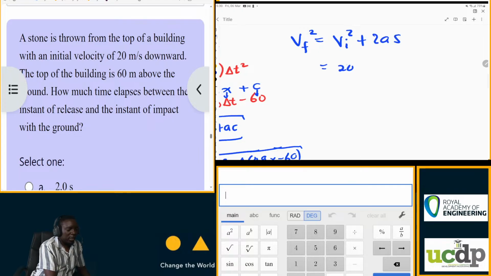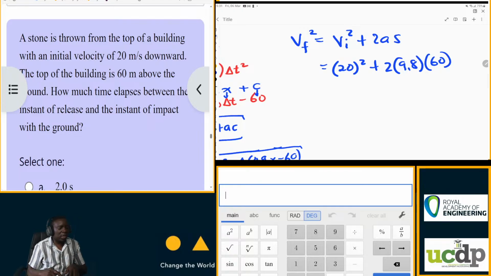The v initial is 20 squared, plus 2 times 9.8 times 60, in the same direction. The acceleration is in the same direction as the displacement, and we've assigned positive to be downward. So this would give us 400 plus 120 times 9.8.